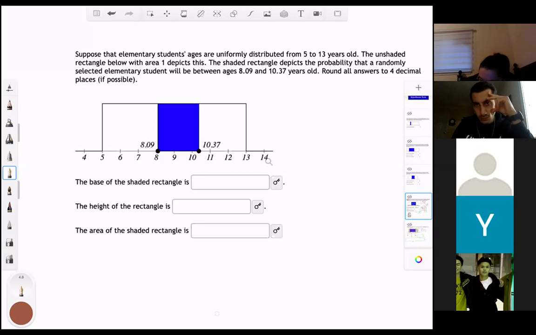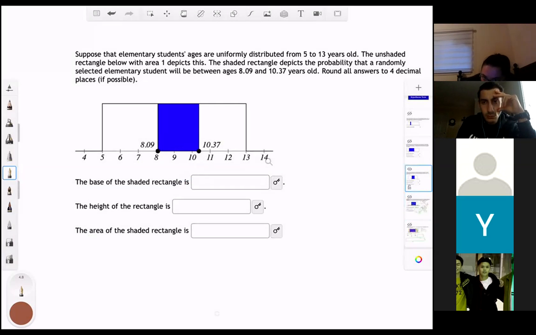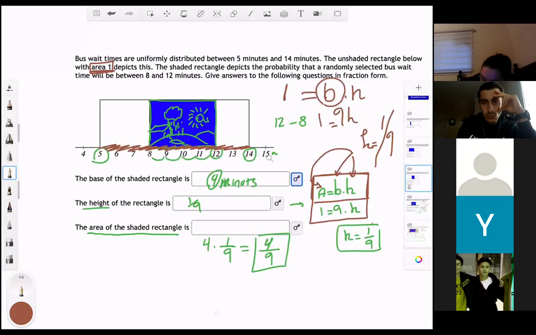If you know what to do to find the distance, before we just counted like this, I also showed you that you can subtract the endpoints. 14 minus 5 gives us 9, correct?